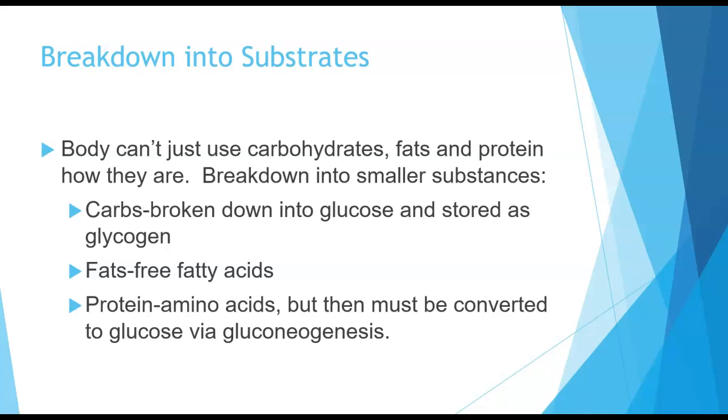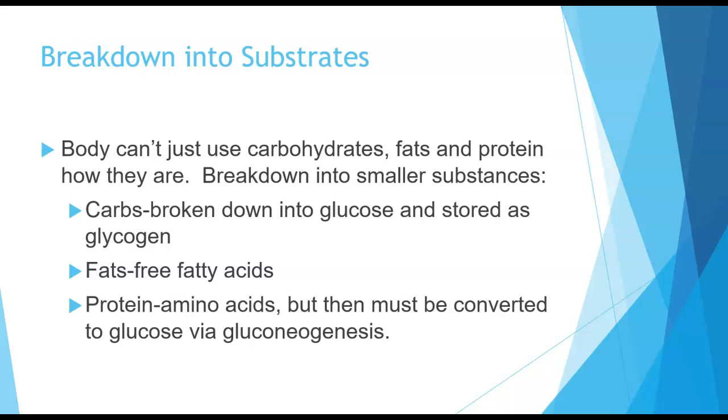So our carbs are broken down into glucose and they are stored as glycogen. Our fats are broken down into free fatty acids. Sometimes you will just hear me refer to them as fatty acids and not free fatty acids.